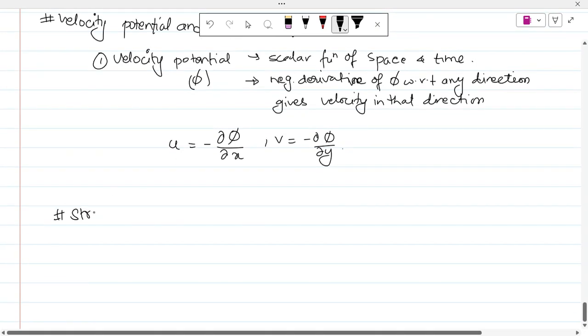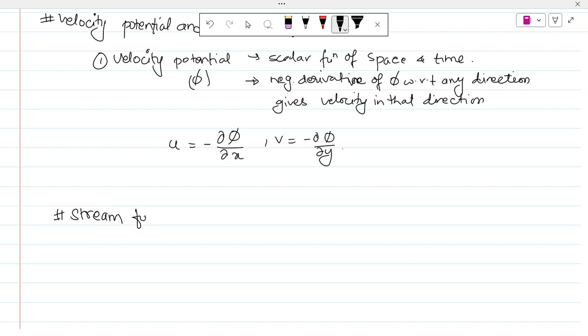And we have our stream function. Stream function is also a scalar function of time and space.